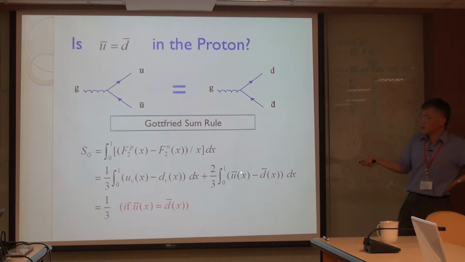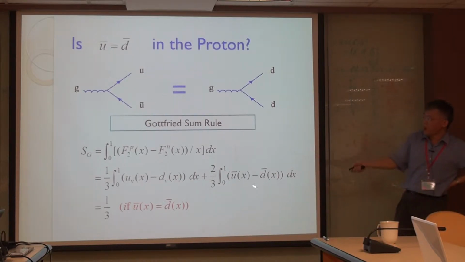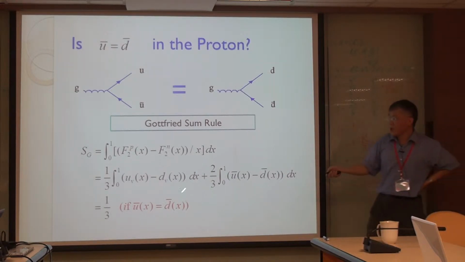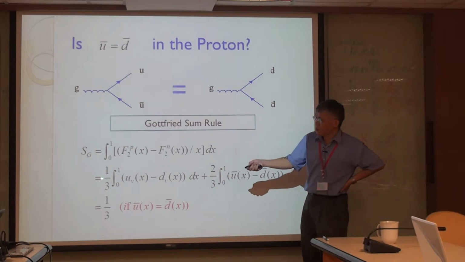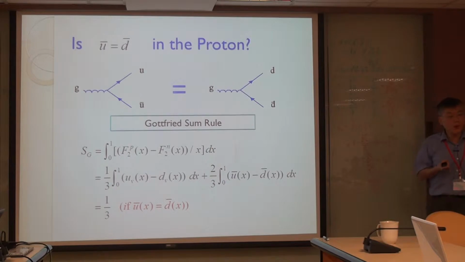And the second part is the difference between the sea quarks, u bar and d bar. So naively, if you expect the u bar and d bar x distributions to be identical, based on this gluon splitting picture, this term should be gone. Then what is left is only 1/3, since inside the proton we have two u valence quarks and one d valence quark. So based on the Gottfried sum rule, it gives this prediction of 1/3.